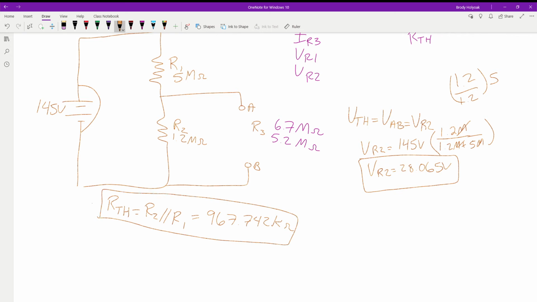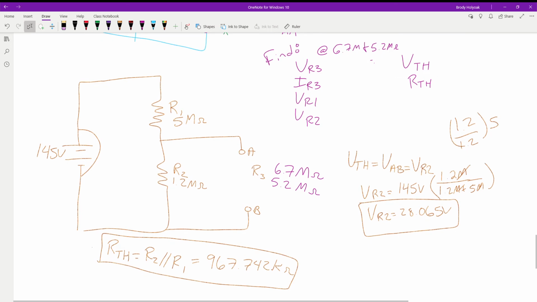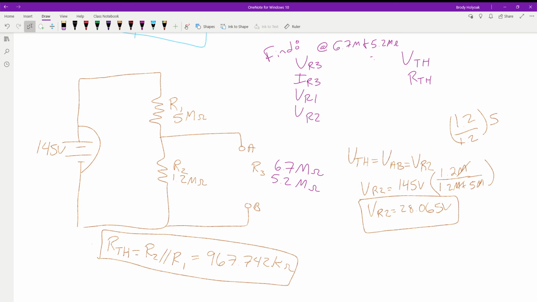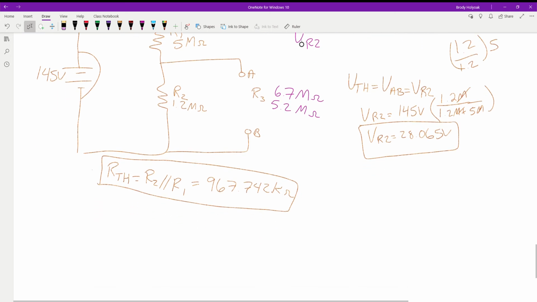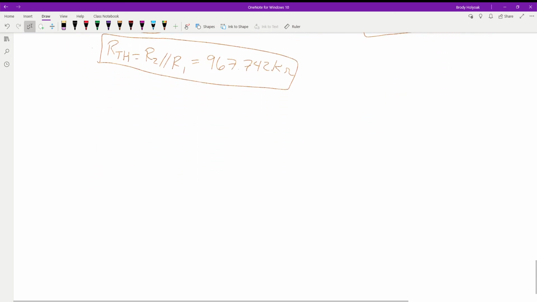Okay, so now we have the two values we need to plug into our Thevenin circuit. The hard part of this circuit is over, because now we could swap loads out left and right, and it's not going to matter what we do, because we found R-Thevenin and V-Thevenin. They don't take the load into account at all. So when we're done, we want to come back and find these voltages. We come back to our Thevenin equivalent circuit.